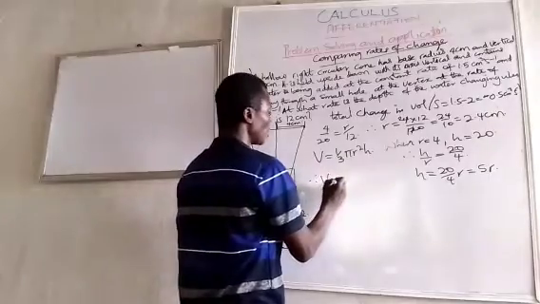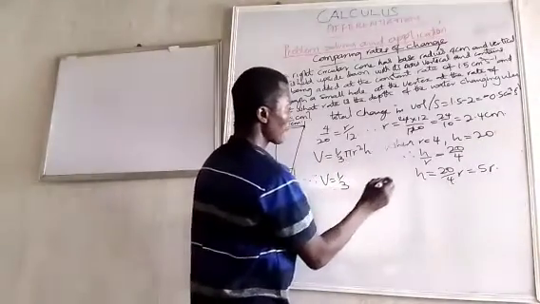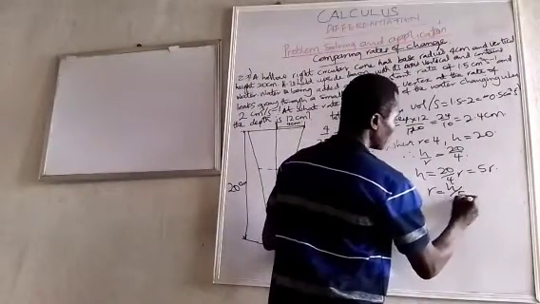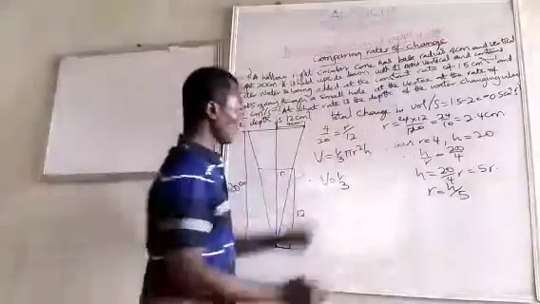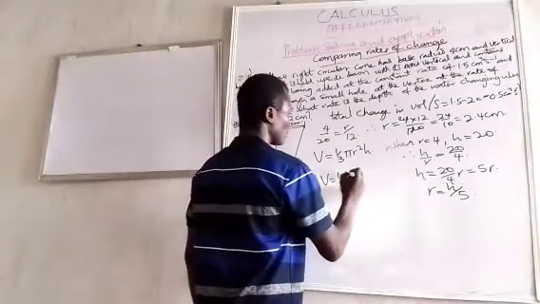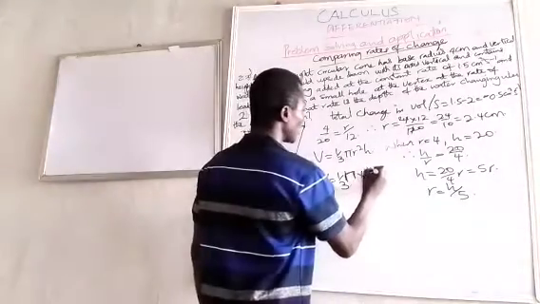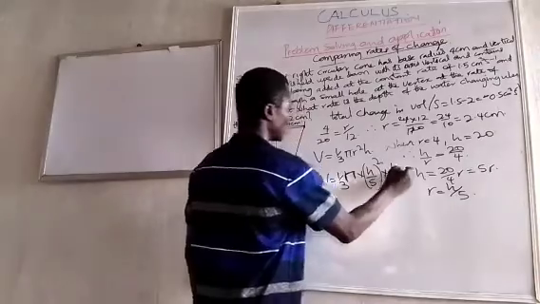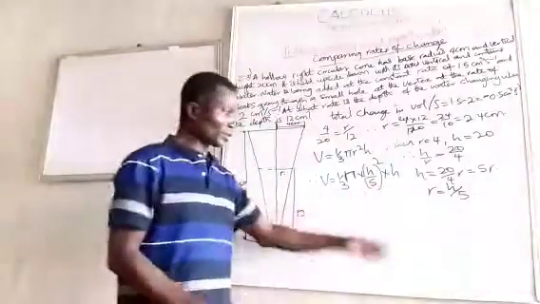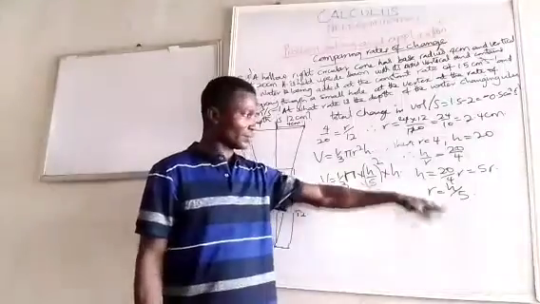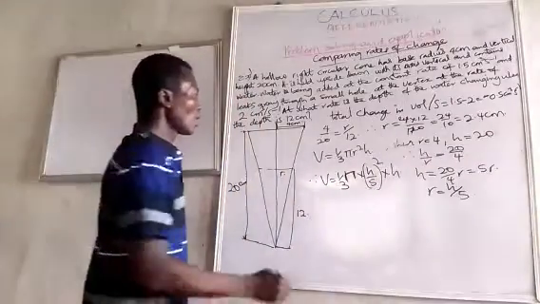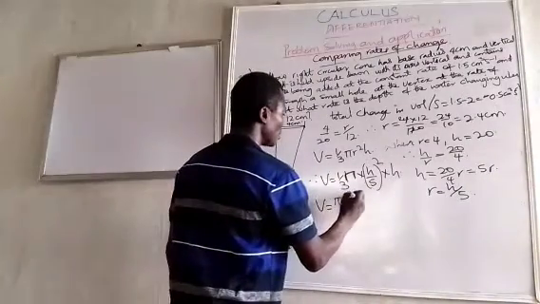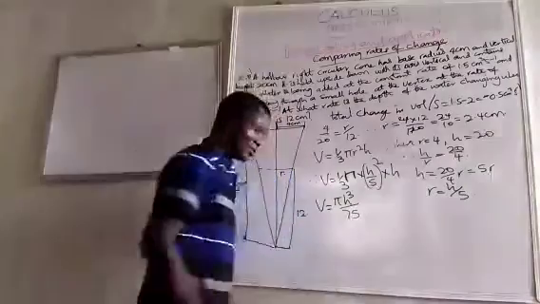Therefore, v will be equal to 1 over 3 pi. Okay, so r will be equal to h over 5. So pi times h over 5 squared times h. Because if we do not do this, we need to start looking for dr/dt. Then you can see, v will now be equal to pi h cubed over 75.